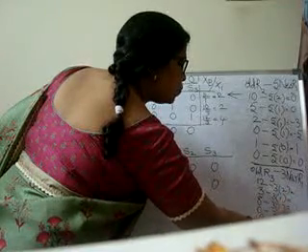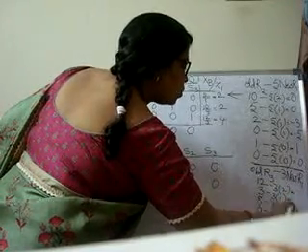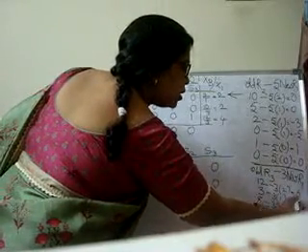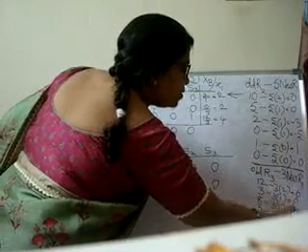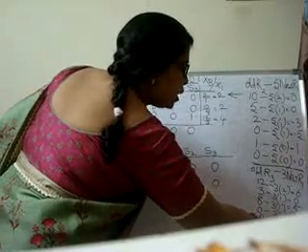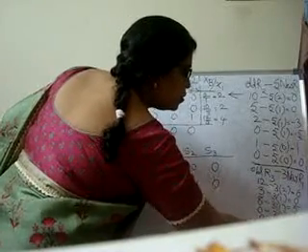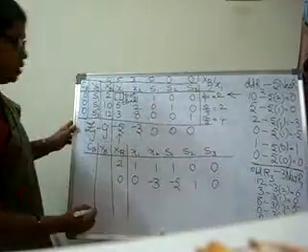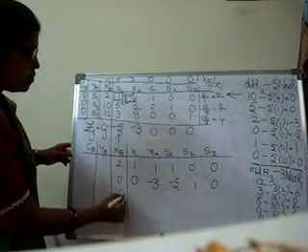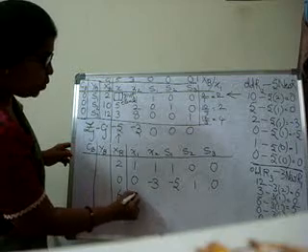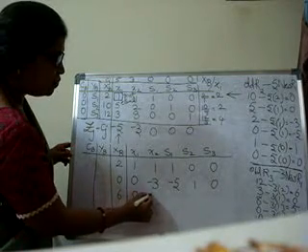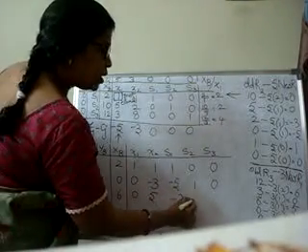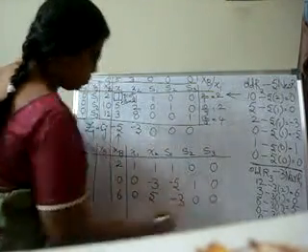Let me tell you. 12 minus 6 is 6, 3 minus 3 is 0, 8 minus 3 is 5, 0 minus 3 is minus 3, 0 minus 0, 1 minus 0 is 0. Now the third row elements are 6, 0, 5, minus 3, 0 and 0.